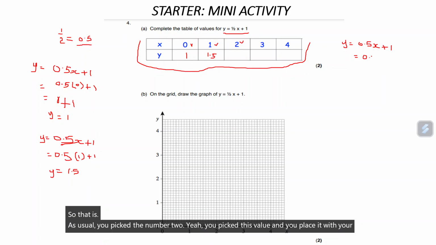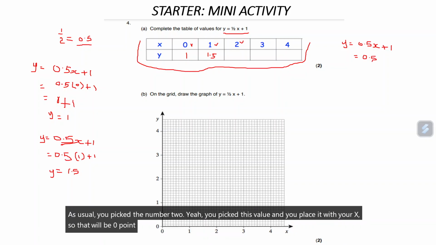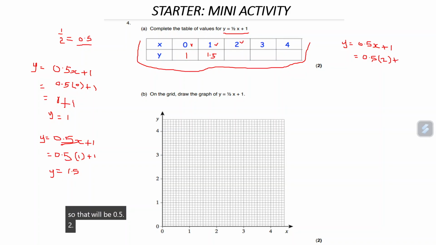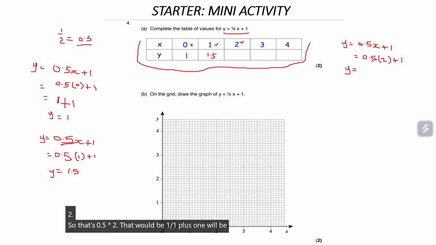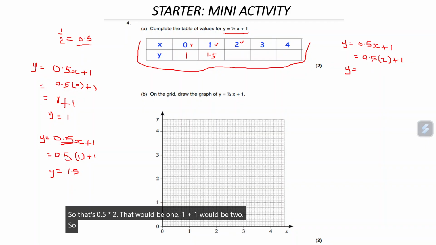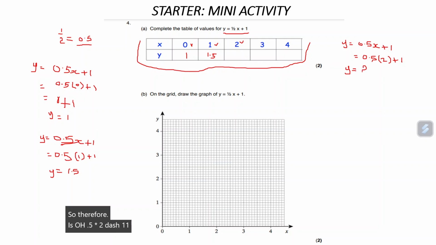So that will be 0.5 bracket 2 plus 1. That's 0.5 times 2, that will be 1. 1 plus 1 is 2. So our value here is 2.